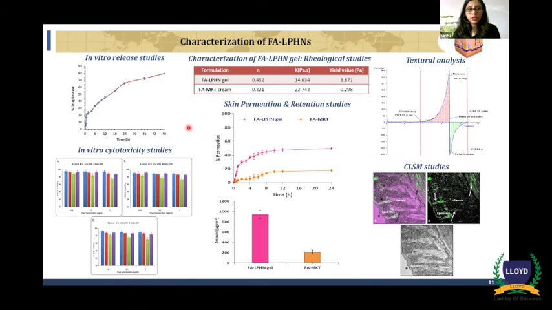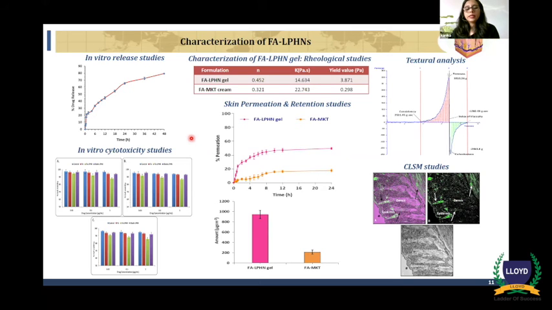Then another thing is in vitro cytotoxicity studies, which I did on human keratinocyte cell lines. Because these formulations, especially the solid lipid ones, involve a number of surfactant and lipid combinations, it is very important to understand whether this kind of combination has any cytotoxic effect on the skin cells or not.